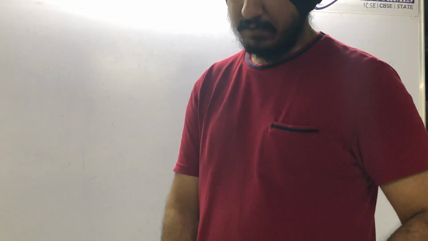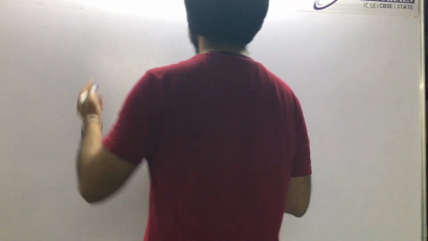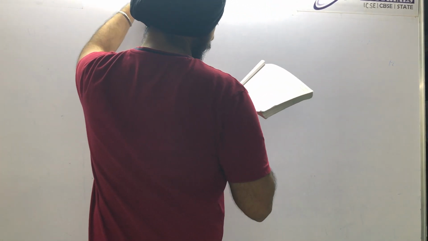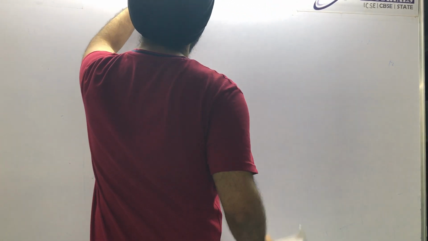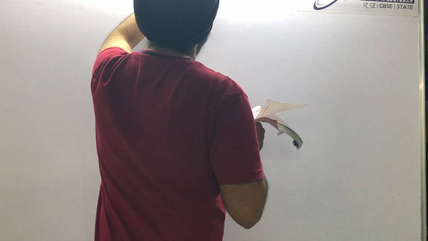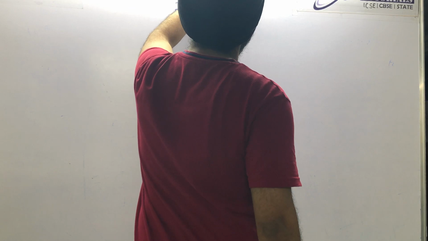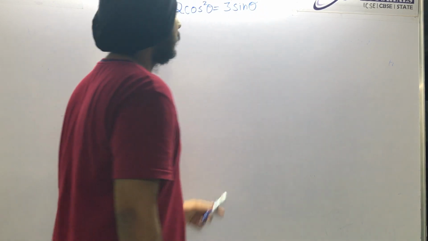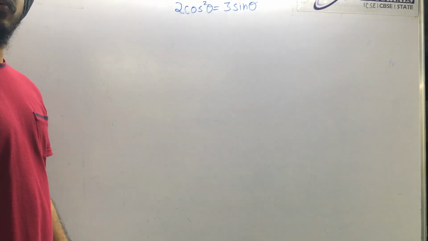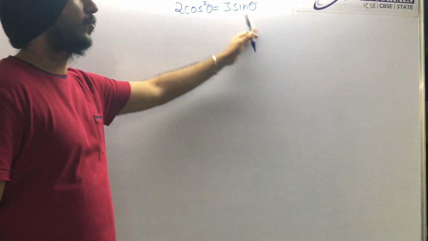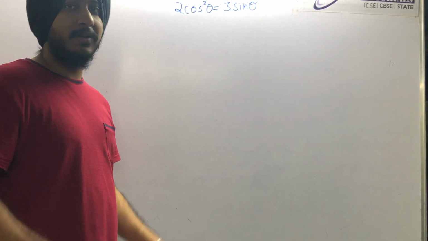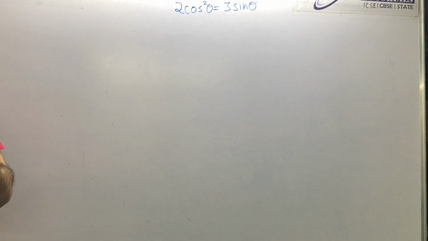Okay, so first I will write the question. So in this question we have to find out the value of the angle. We have to solve this equation and find out the value of the angle.